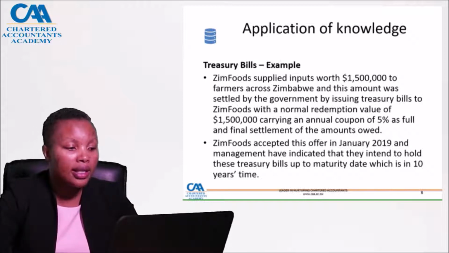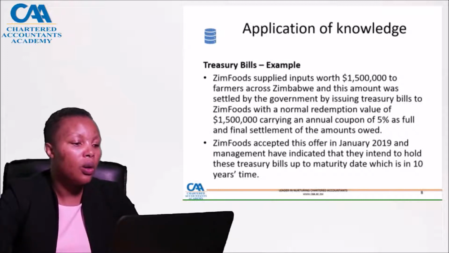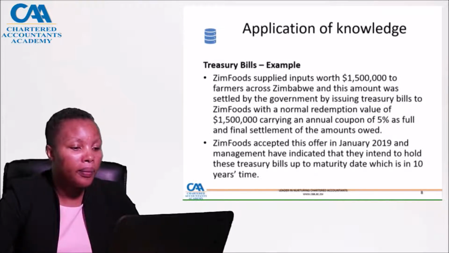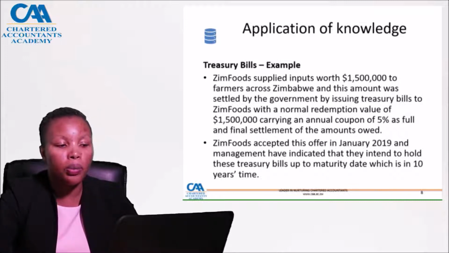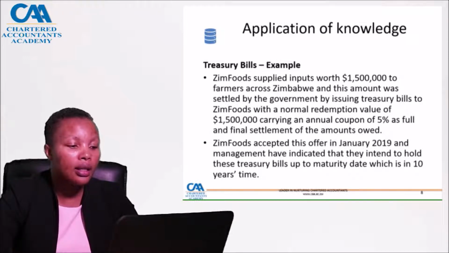And this amount was settled by government by issuing treasury bills to Zim Foods with a nominal redemption value of 1.5 million, carrying an annual coupon of 5% as full and final settlement of the amounts owed.